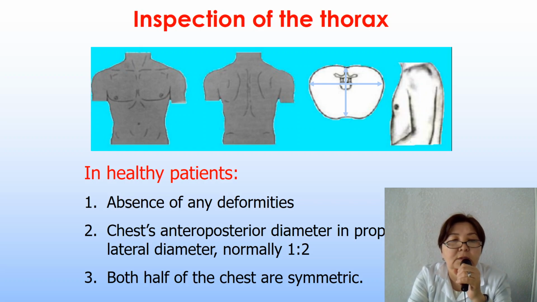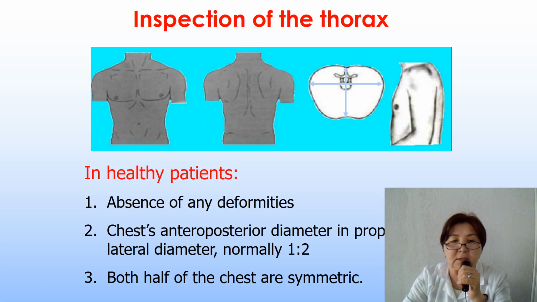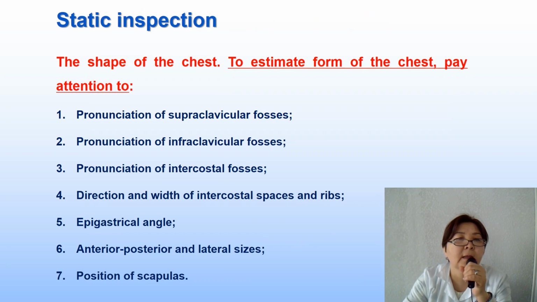Inspection of the thorax. In healthy patients, there shouldn't be any deformities. Chest anterior-posterior diameter in proportion to its lateral diameter, normally 1 to 2. Both halves of the chest are symmetric. Static inspection. The shape of the chest.